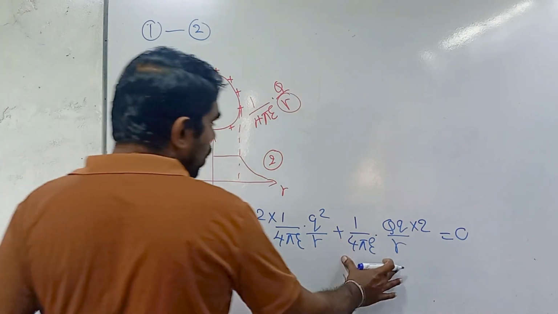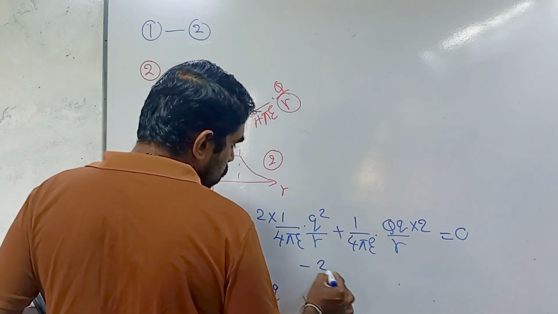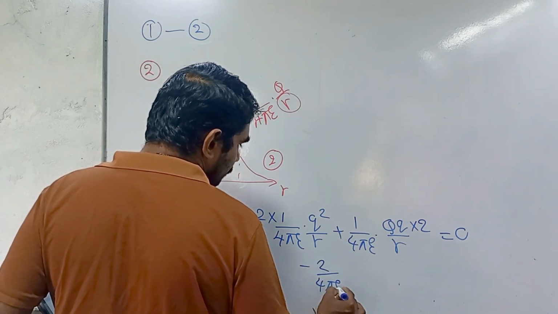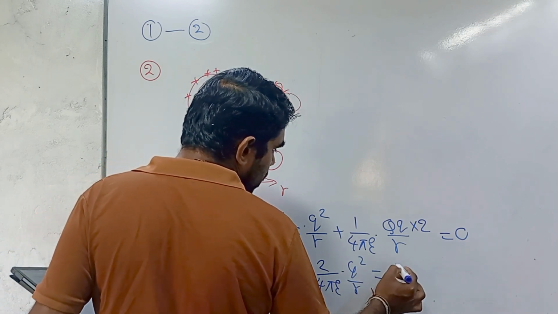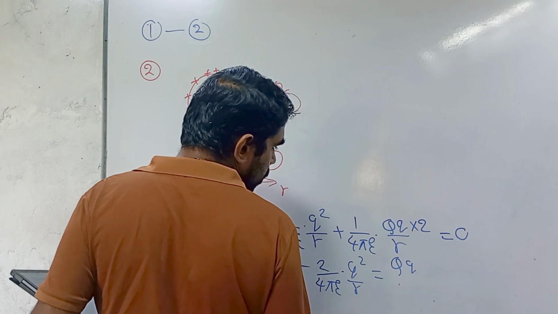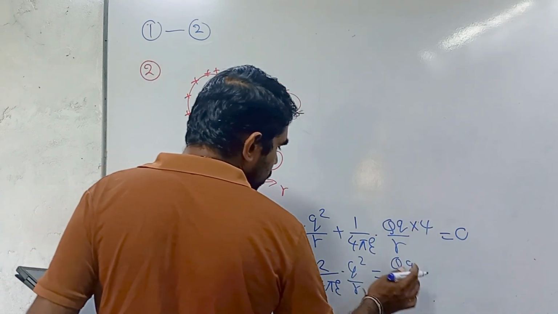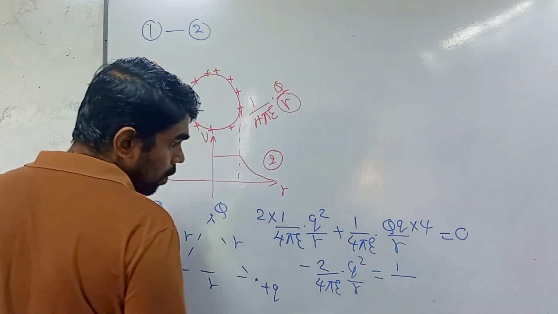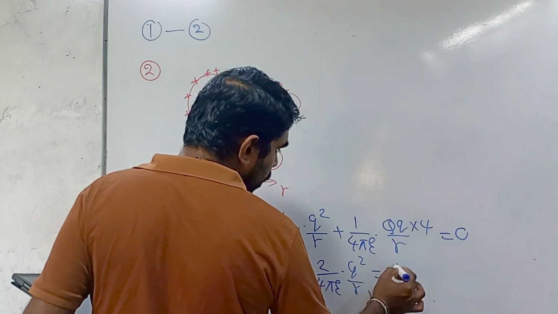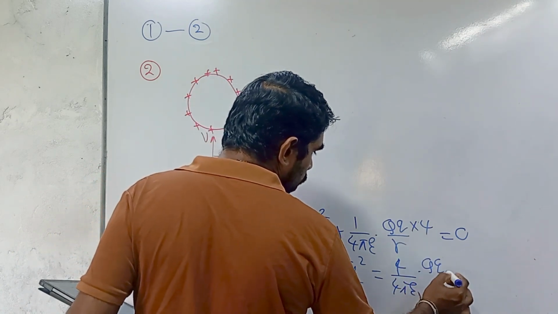I will bring this term to the right hand side. Then we can write minus 2/4 pi epsilon naught, q squared over r equals Q. We have to multiply this value by 4 because there are 4 same potentials. 1/4 pi epsilon naught, 4 times capital Q, q over r.